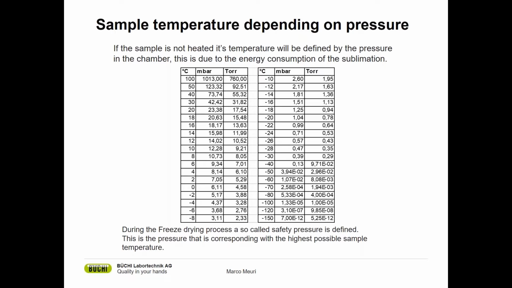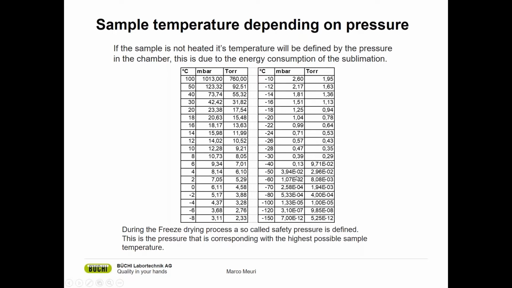Now, usually the formulations we're using for freeze drying are not frozen at 0 degrees because it's not pure water. There are some additives in, there's some APIs in, and so on. So the freezing point is typically lower. Typically it's minus 20 degrees or even lower, which means we work at a pressure of 1 millibar or lower.